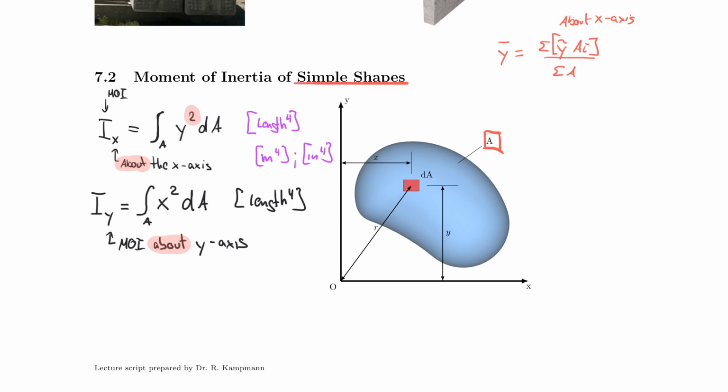And now, to keep no secrets from you and to tell you the full story, let me also tell you that you could also rotate about the pole. We will not do much about this, but for completeness, I'm going to add this formula here. But you can take the moment of inertia about the pole. So this would be about the z-axis.